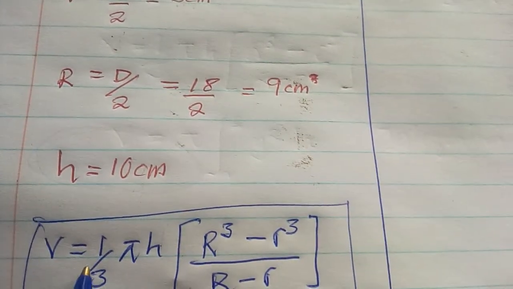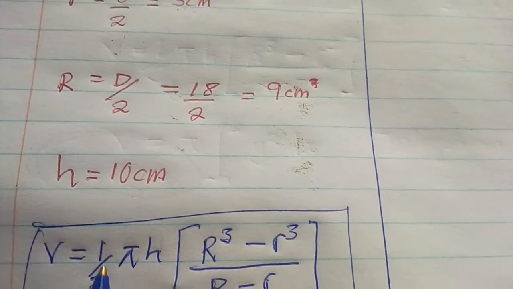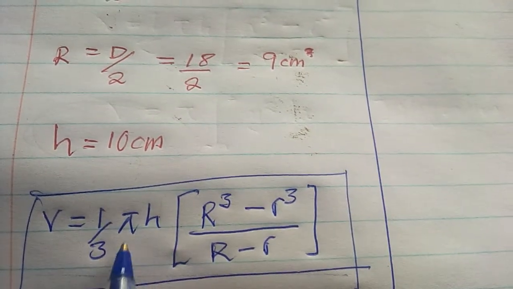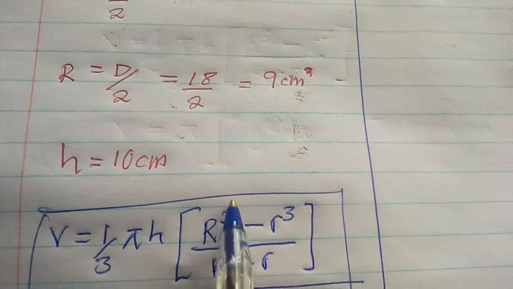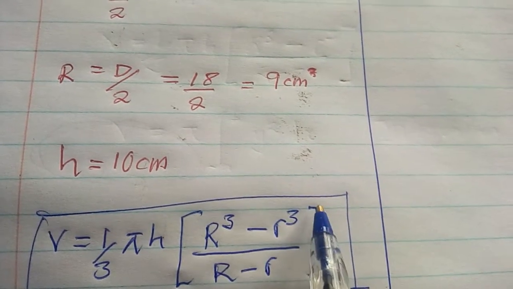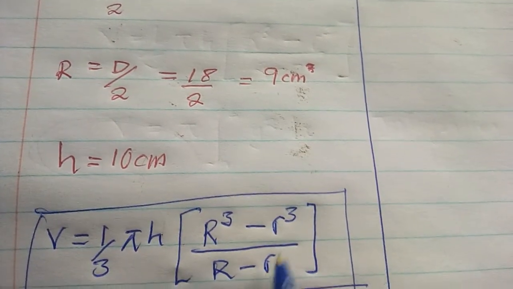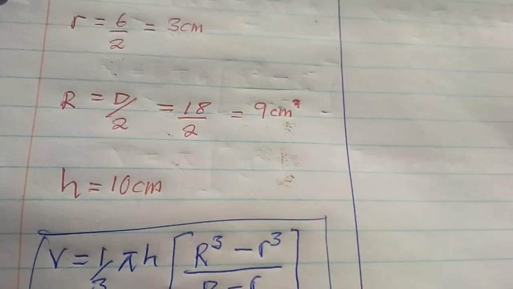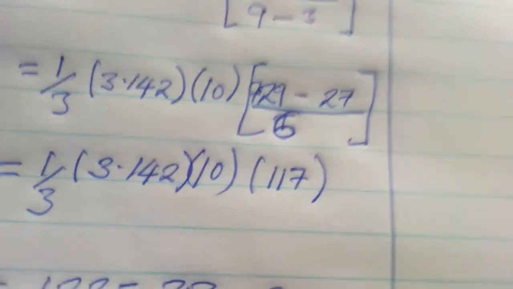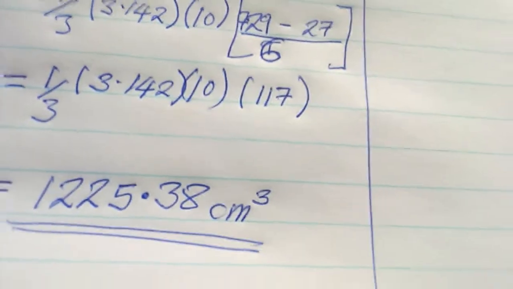Today we are discussing this formula. Volume of a frustum is given by 1/3 pi h, then multiplied by radius cube minus radius cube divided by radius minus the radius of the small circle. So after simplifying everything, this is the answer that we are getting as the volume of the frustum.